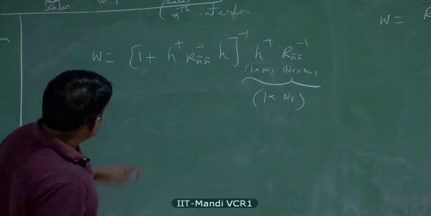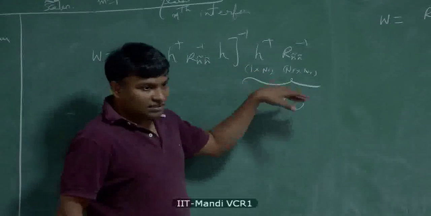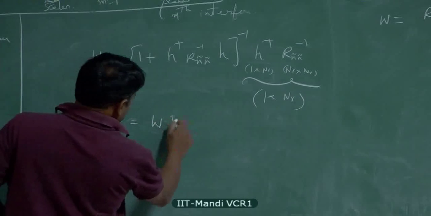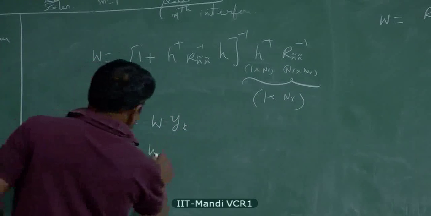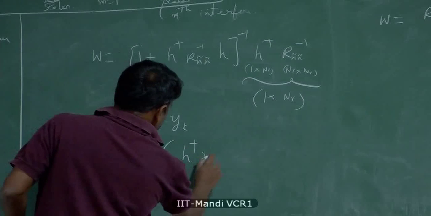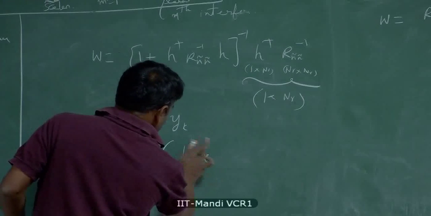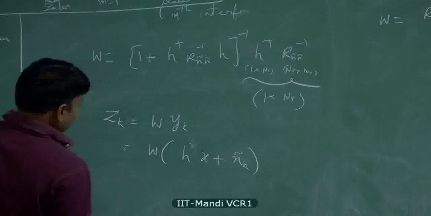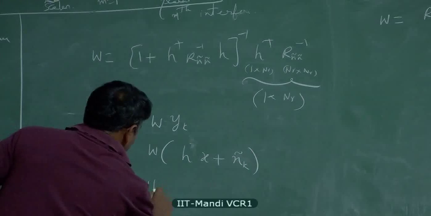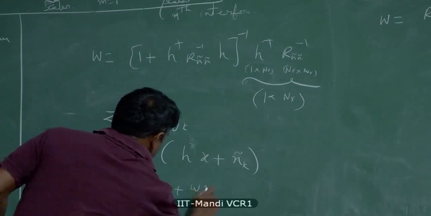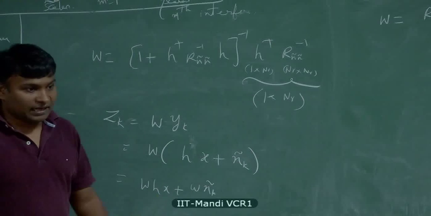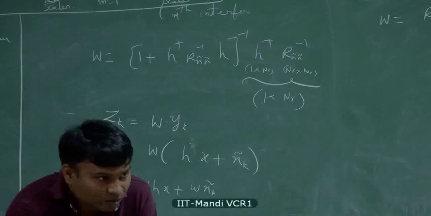Or you can pass this whole thing, so you can simply call WH as your new channel, which is a scalar.